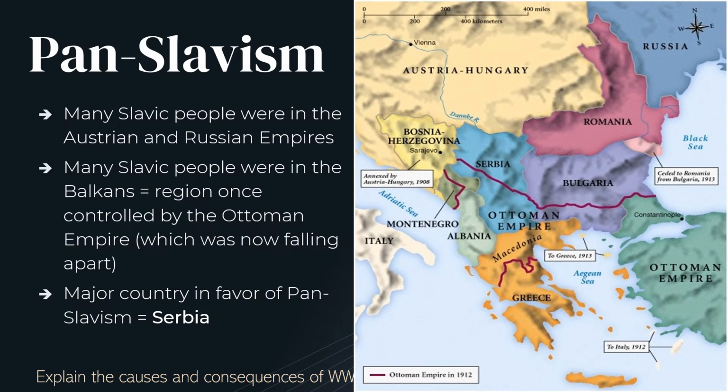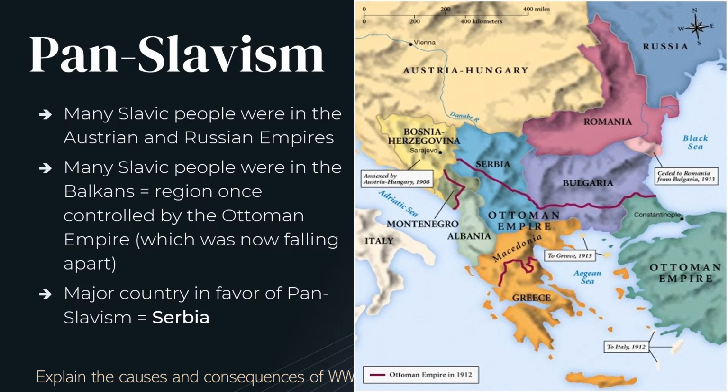Here's a map that may help a little bit to understand what's going on with Pan-Slavism. We've got the Ottoman Empire in the southeast corner of this map. We know that the Ottomans have been huge. Over time, they've been shrinking, becoming the sick man of Europe, as they've been referred to. And then we've got areas with Slavic heritage, Slavic people, in what we call the Balkans, which used to be Ottoman.